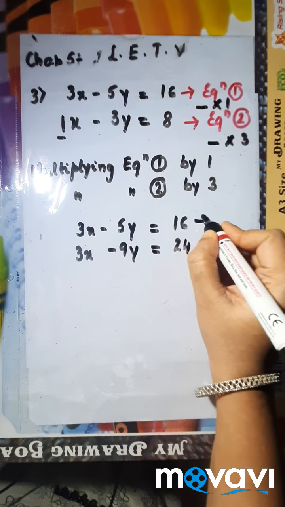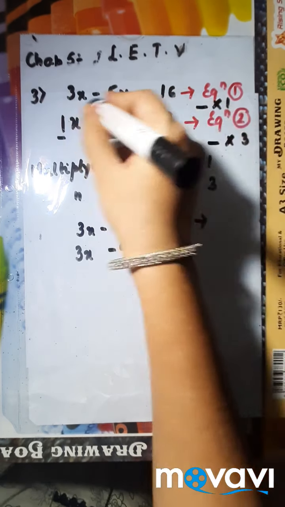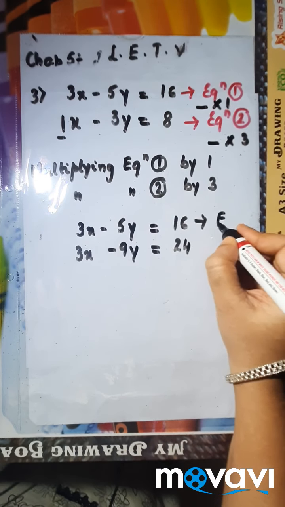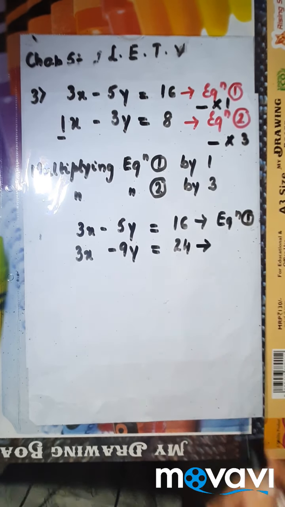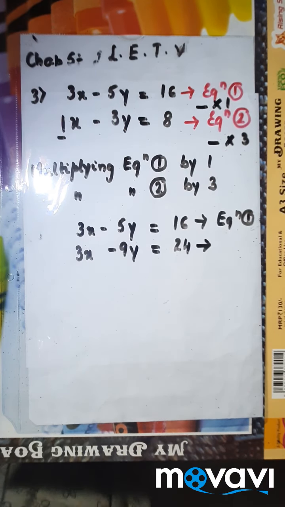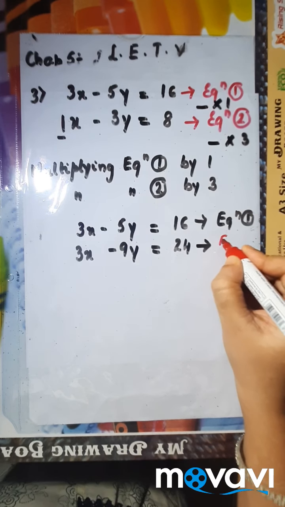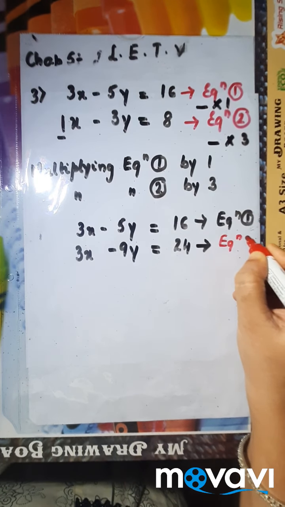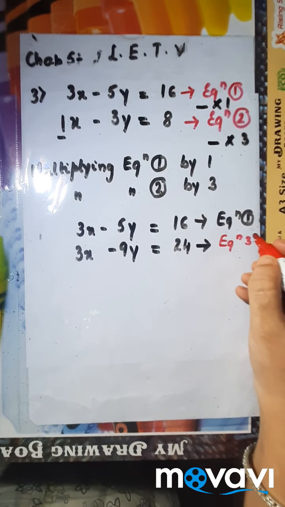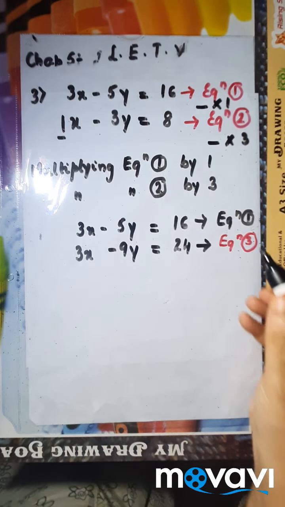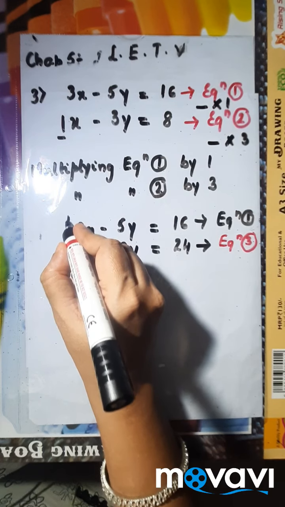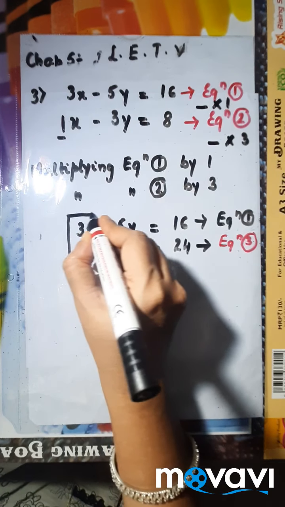This is the same equation, so I'll call this my equation 1, but this equation has changed, so I'll call this my equation 3. Now look at this, let's put this in the box.